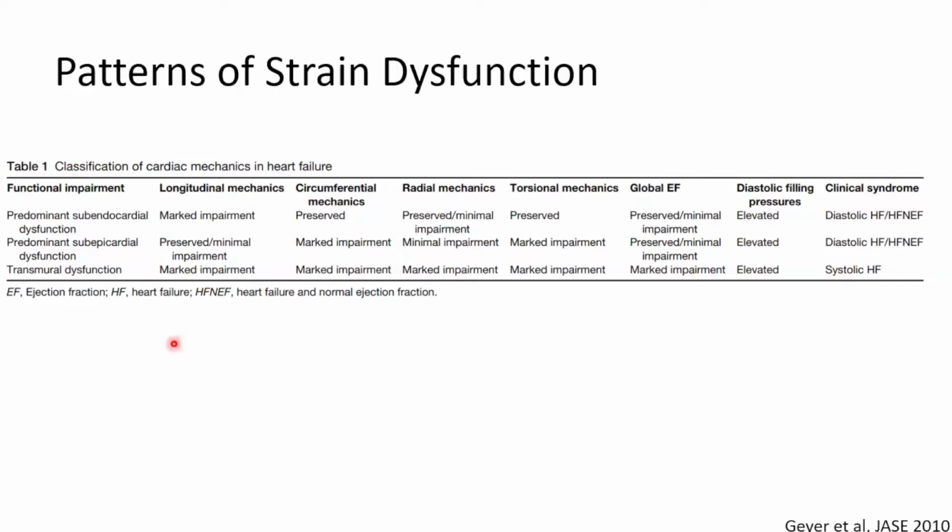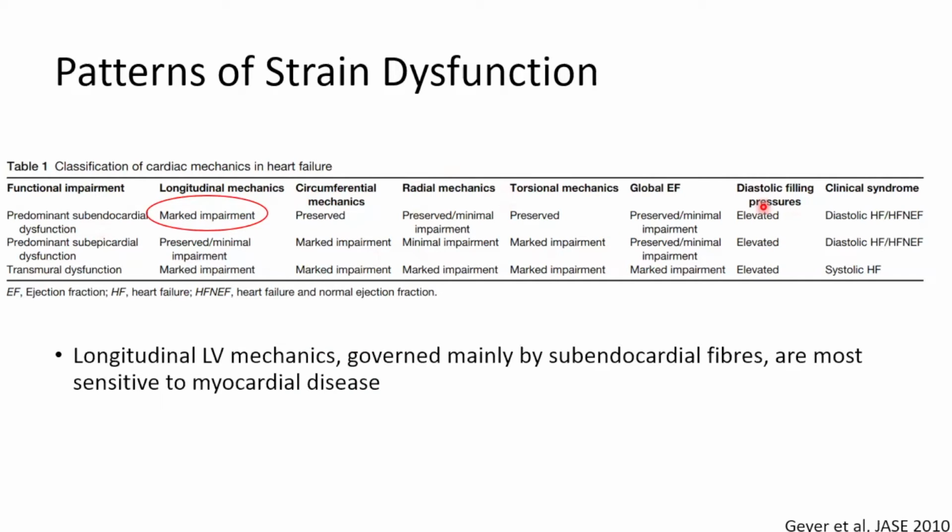So, for example, if you have predominant subendocardial dysfunction, which is what myocardial disease predominantly affects early on, it primarily causes subendocardial dysfunction. Because the subendocardium is oriented more longitudinally, it governs more predominantly longitudinal motion. And so you get significant impairment in longitudinal mechanics, with compensation by circumferential, radial, and torsional mechanics so that you preserve LV ejection fraction.